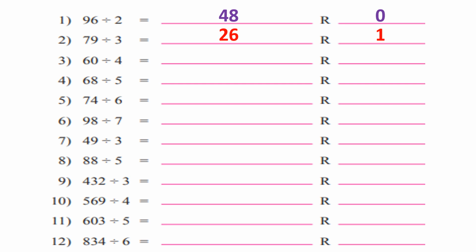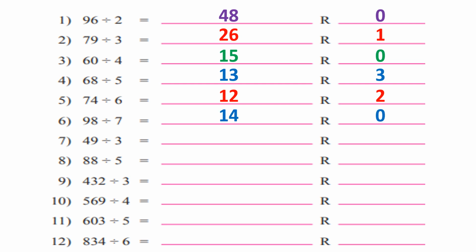Number 3. 60 divided by 4 is 15, remainder 0. Number 4. 68 divided by 5 is 13, remainder 3. Number 5. 74 divided by 6 is 12, remainder 2.